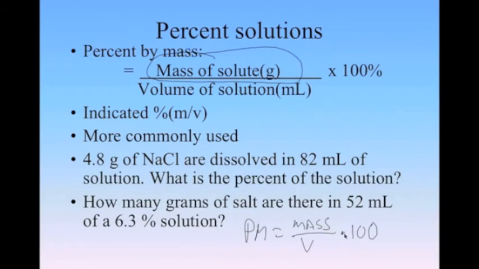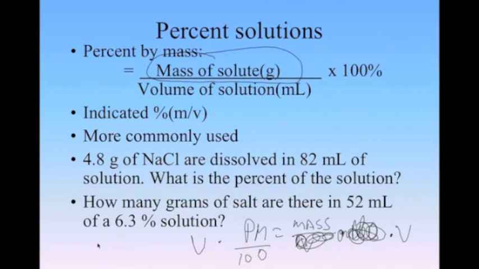If we're solving for mass, first we divide both sides by 100, which gets rid of that 100. Then to get mass by itself, we multiply by volume on both sides. We get this equation where mass equals the volume times our percent by mass divided by 100. So we take this equation and plug in our numbers.